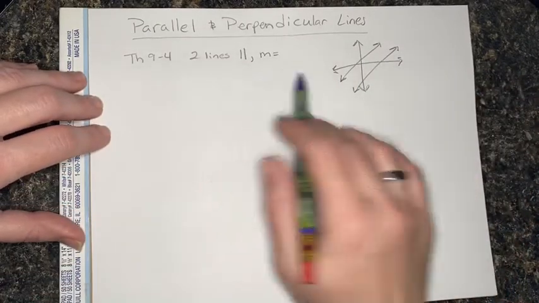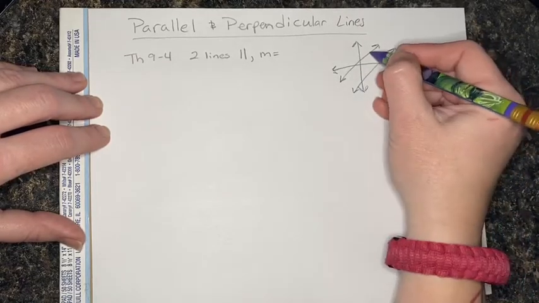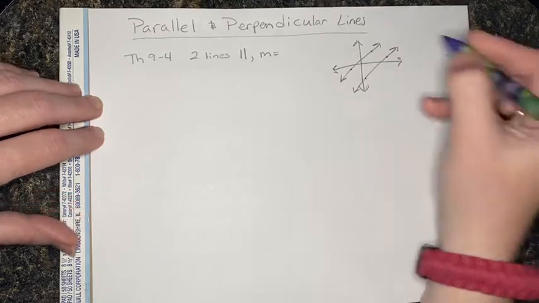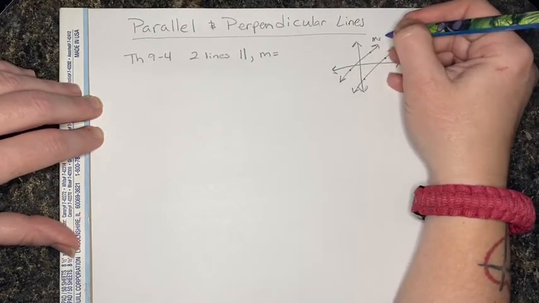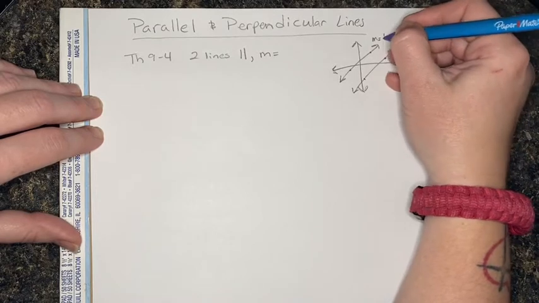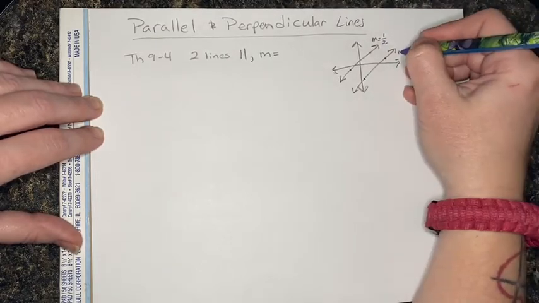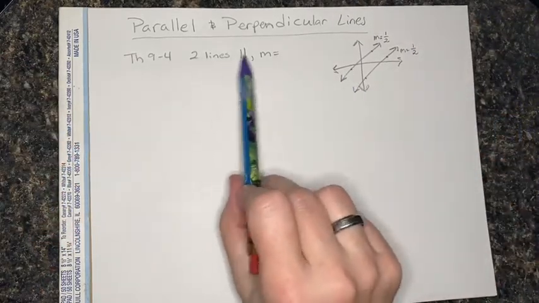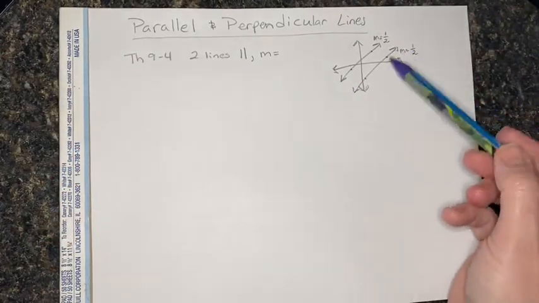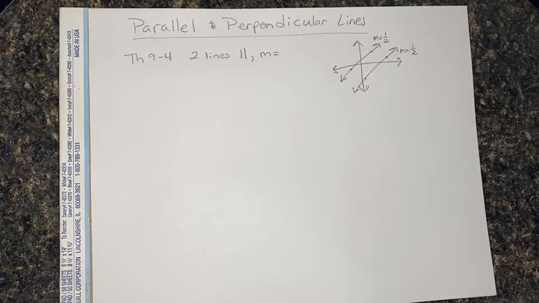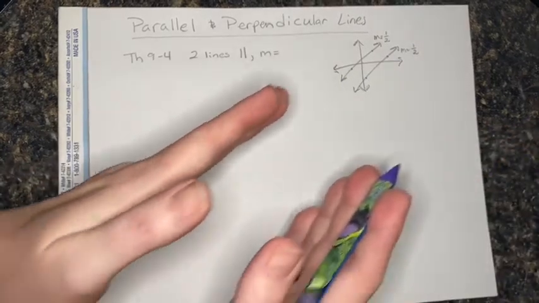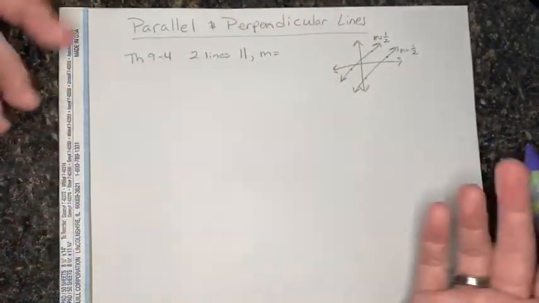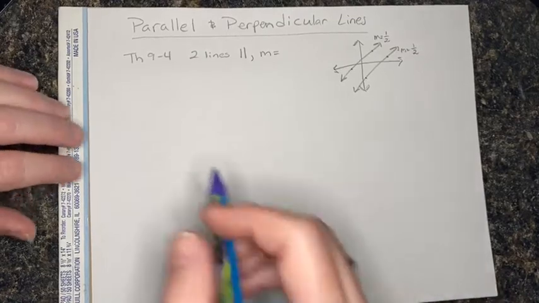But if we take 2 points from each line and figure out the slope of each line, and say the slope of this line is 1/2, and the slope of this line is 1/2, then we can say that yes, these lines are parallel because their slopes are equal. Their slantiness is exactly the same. Therefore, they will never cross each other, which is the definition of being parallel.